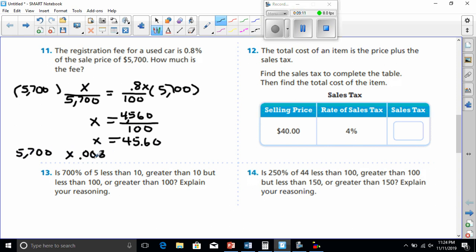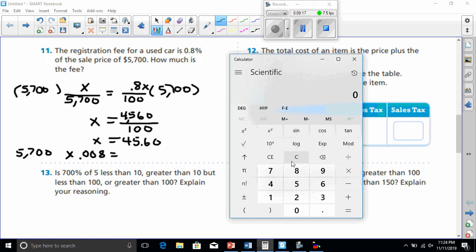And if you do that, I'm pretty sure you're going to get the same answer. Let's check that out. We have 5,700 times 0.008. And there we go, $45.60. So either way you want to do it, we're going to get the same answer.